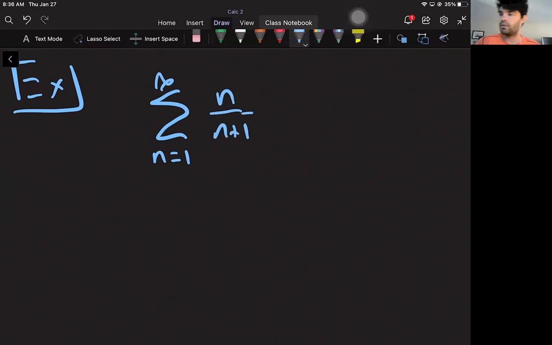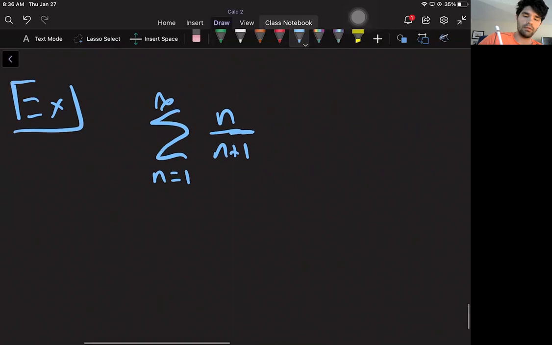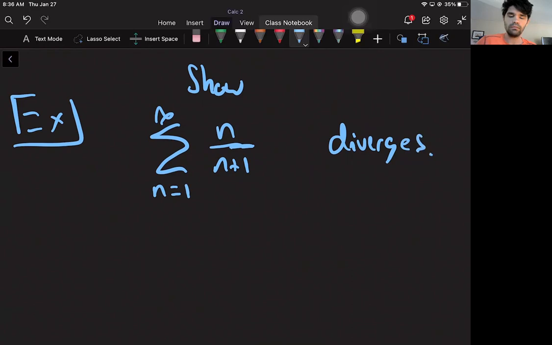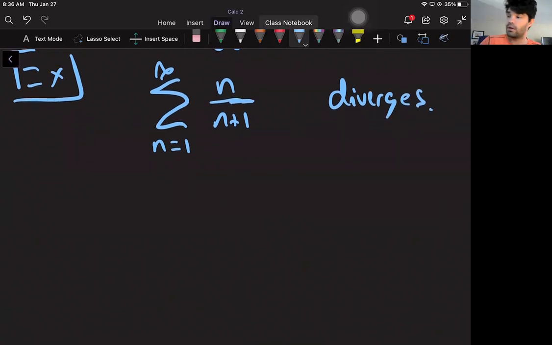This one will work very similarly to the harmonic series. So this guy, I'll give away the spoilers, it's going to diverge, but sometimes I'll just say like, show it does something, and you have to figure out which one it does.